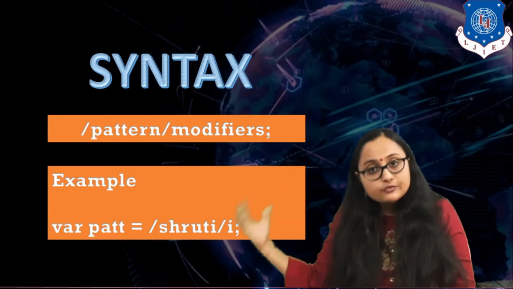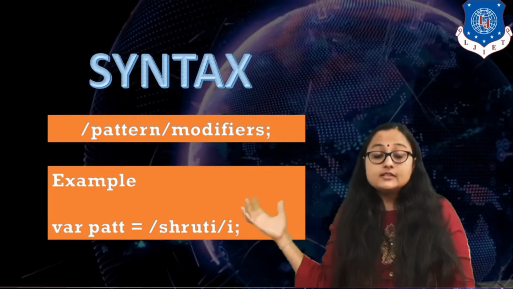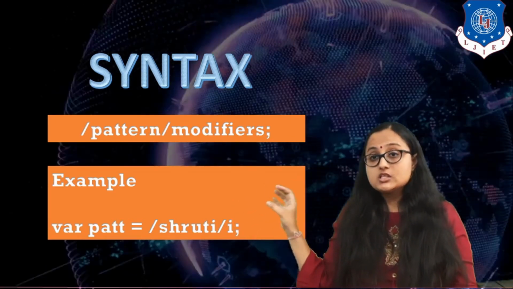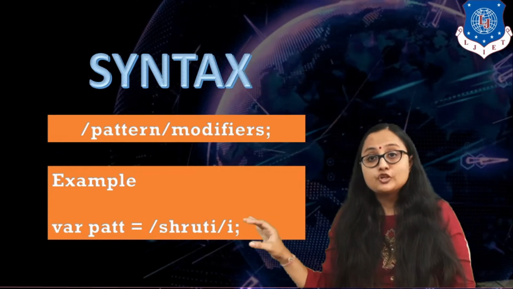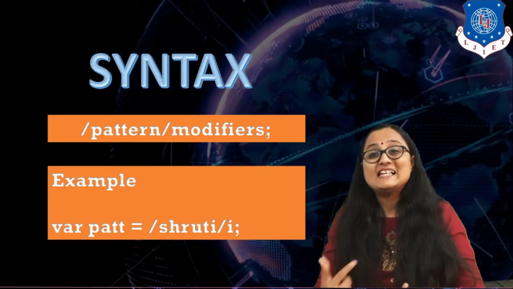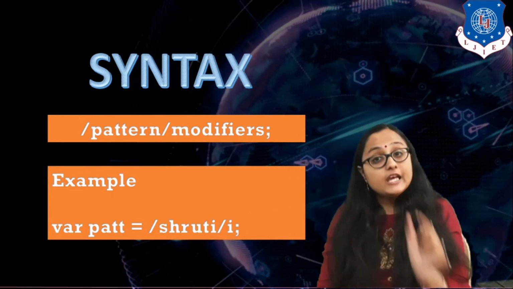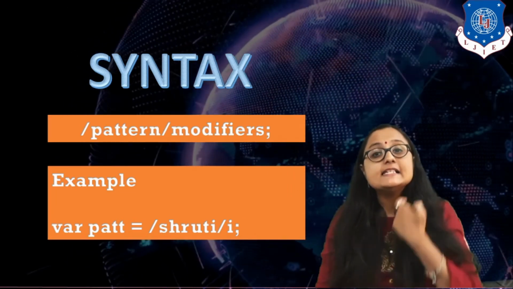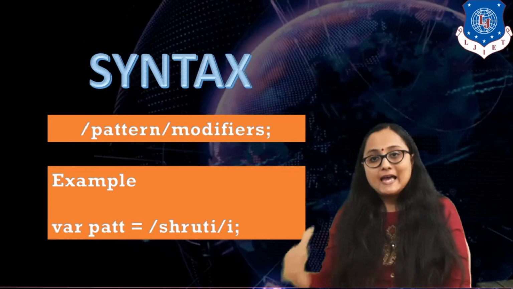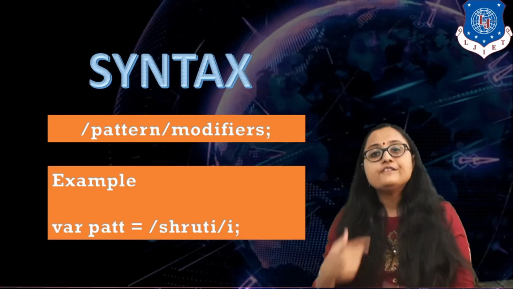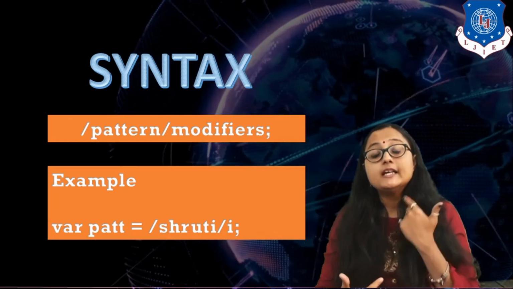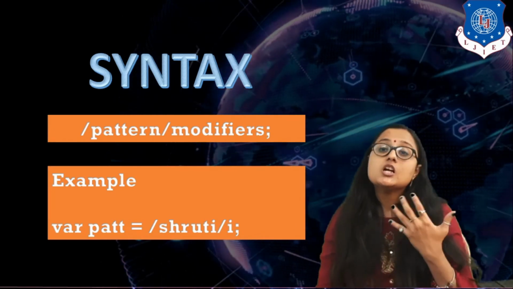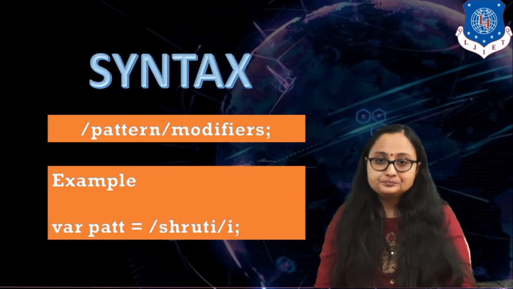So it will be assumed that the string is not according to the pattern, because the search is case sensitive. If I want to make it a case insensitive search, I can use the modifier i.